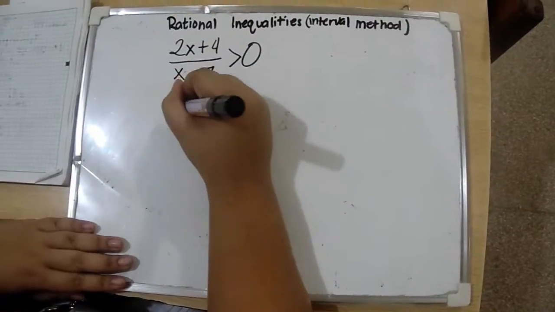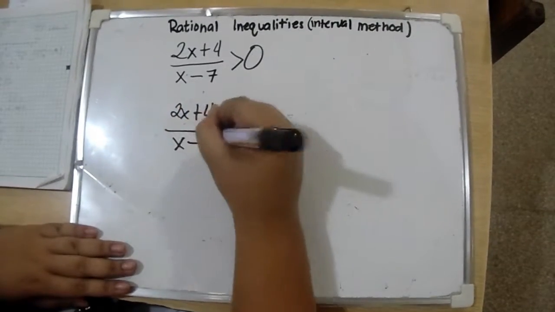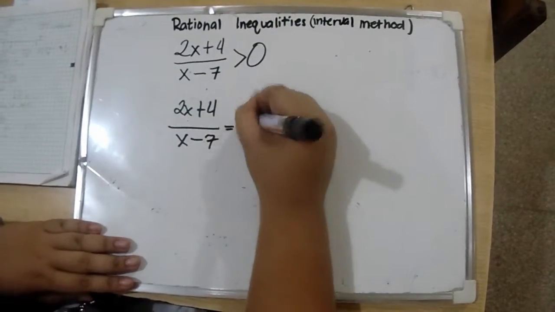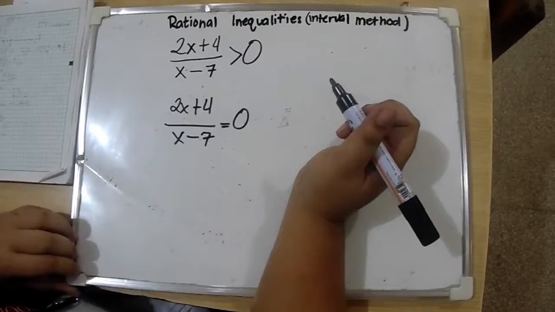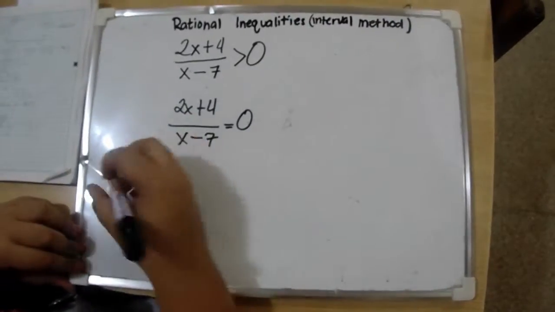So 2x plus 4 over x minus 7 is equal to 0. Next, we need to bring them in one line.